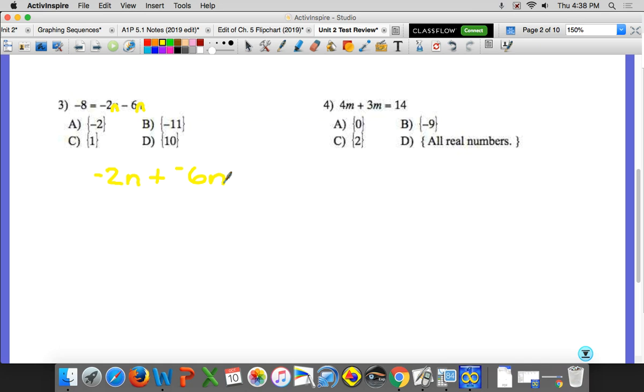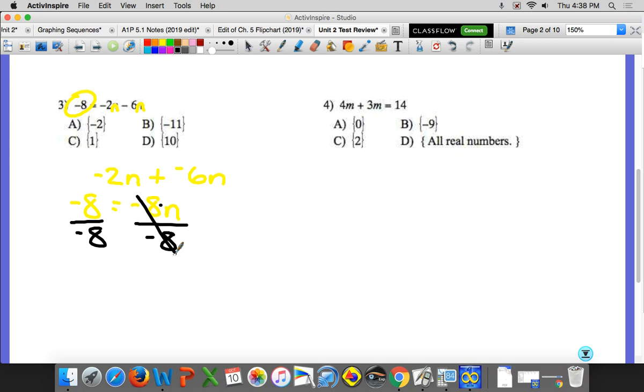So negative 2 plus negative 6 is going to give us negative 8n. So then we bring down the negative 8, negative 8 equals negative 8n. Then this goes back to problem number 1. We have a negative 8 and it's attached to an n, in other words a product, so they are being multiplied. So in order to get n by itself, we divide by negative 8 to undo that multiplication.